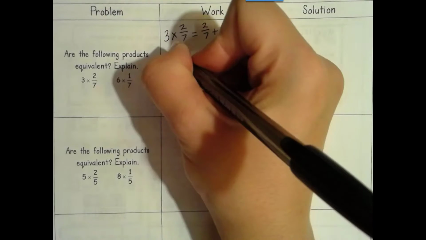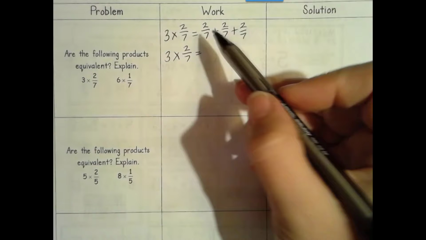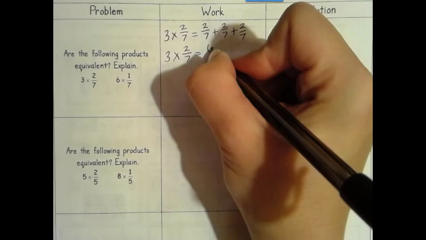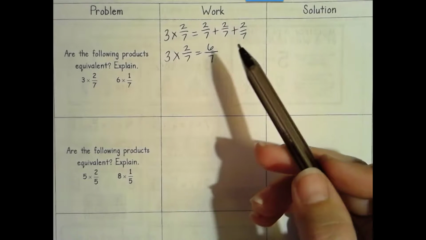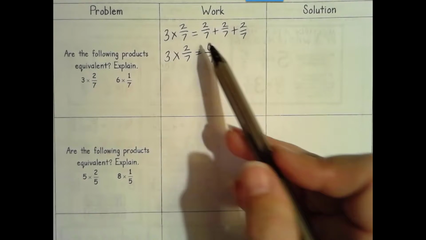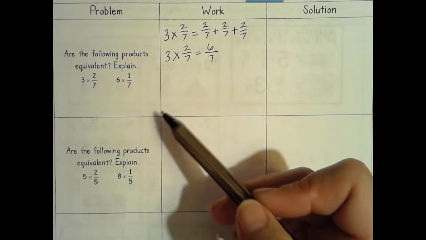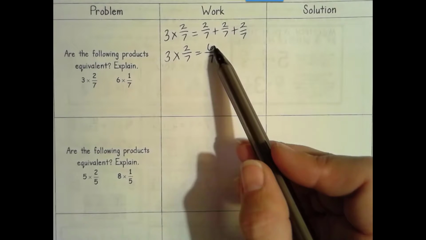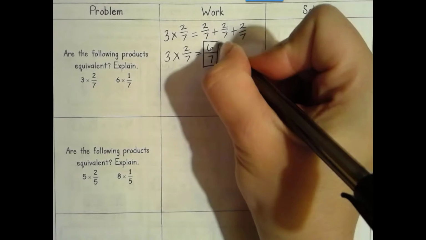So 3 times 2/7 is 2, 4, 6 sevenths. Remember, we don't add the denominator because that just tells us how many pieces one whole unit's cut into. The numerator is what tells us how many there are. 3 times 2 is 6. So we have 6/7 here.